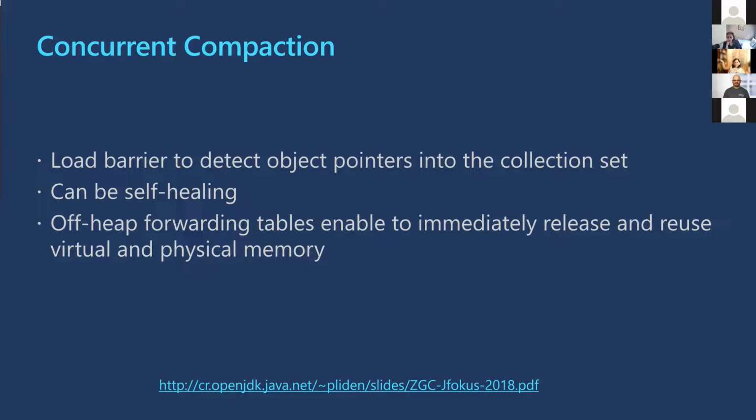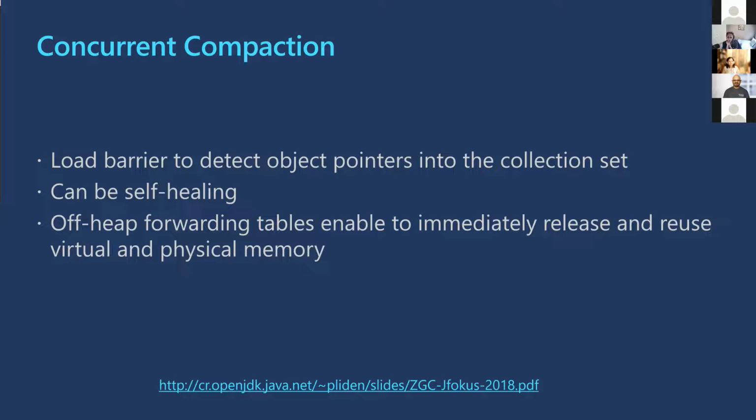So there's not much of a congestion point with respect to who's updating the header and how do I get the information. The point I'm trying to make is that off-heap forwarding tables are very fast, and the best thing is that as soon as you are done with the from space, you can immediately reclaim it.